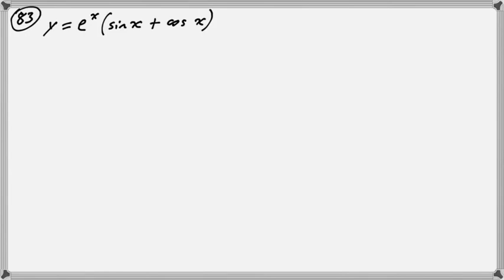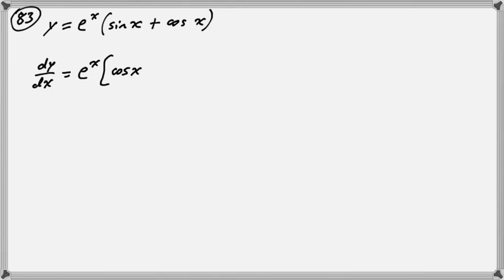After 75, let's look at 83. This is a product, so we might need to use the product rule. So I'll bring down the first part, the e to the x, times the derivative of this. Derivative of sine is cosine, plus derivative of cosine is negative sine. And you're right, I'm not showing you everything.